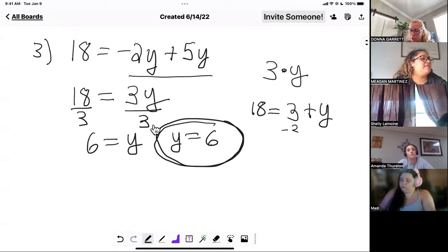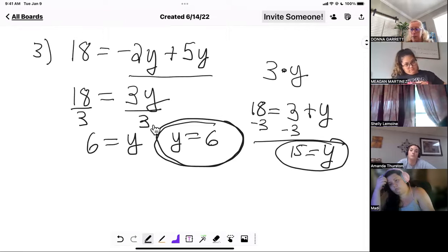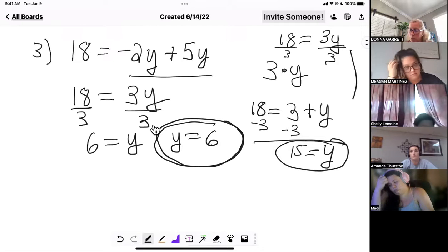So then I would subtract 3 to move it to the other side. That would be my answer that way. But these two are being held by multiplying. So when I say 18 equals 3y, that really says 3 times y, and the opposite of multiplying is dividing. See the difference between the two kinds of problems, between adding and subtracting and multiplying or dividing? Does that help at all?